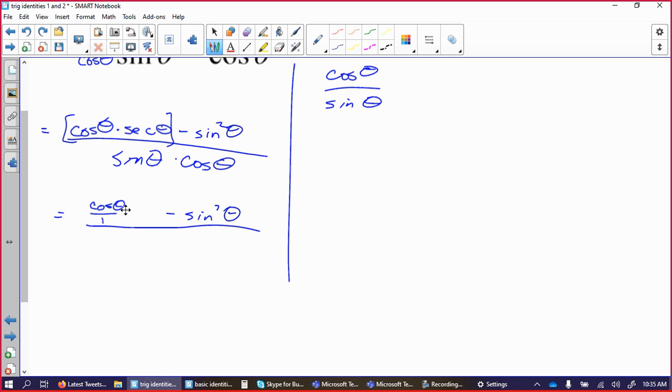We're going to put that over 1 times secant, which is 1 over cos of theta. Oh, that helps, because cos over cos is nothing. So 1 over 1 is 1 over.